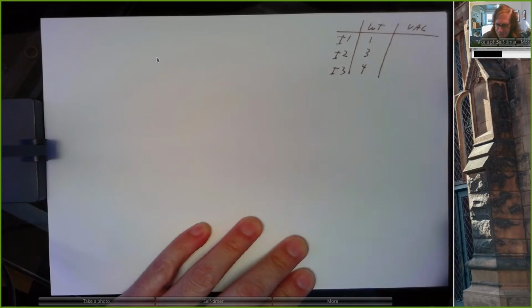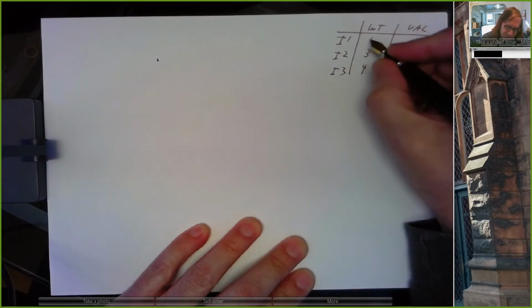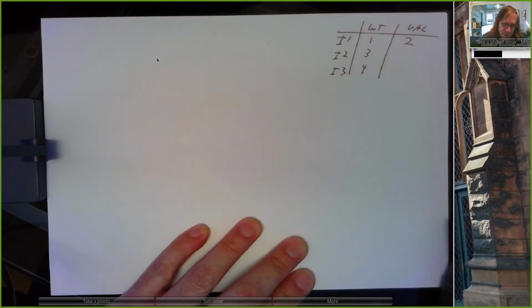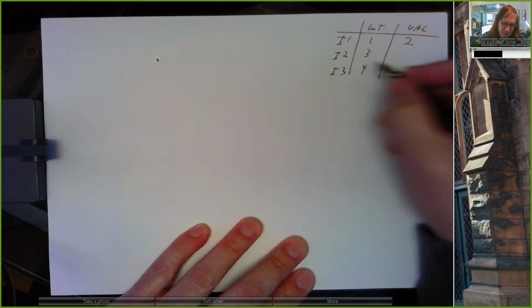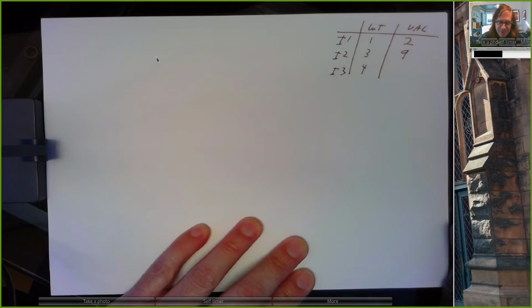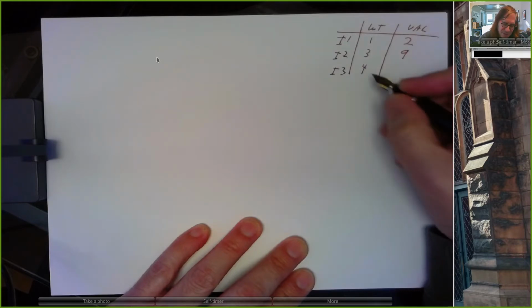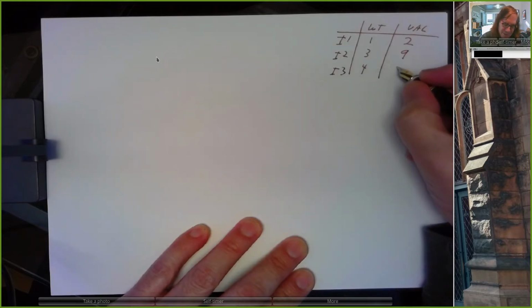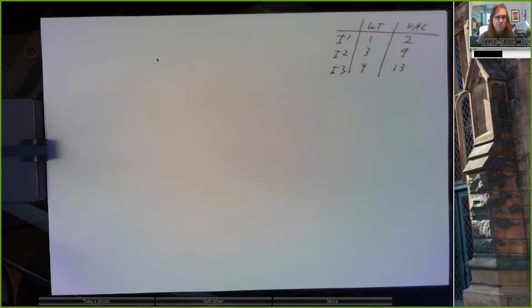Item 1 is, I don't know, a pen or something, and it costs $2 and weighs 1 ounce. Item 2 weighs 3 ounces and costs $9, and that's like a fancy pen. And item 3 weighs 4 ounces and costs $13, and that's a fancy notebook.